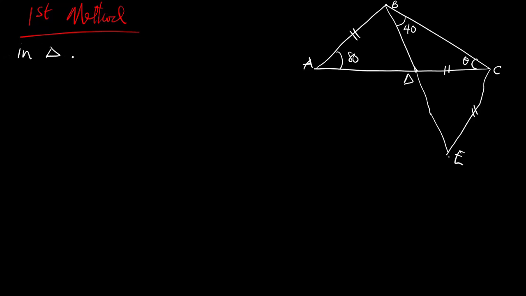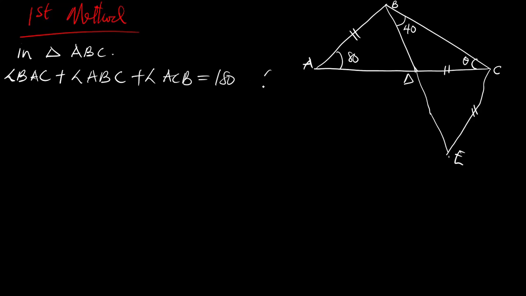In triangle ABC, we have angle BAC plus angle ABC plus angle ACB equal to 180. That is, the sum of angles in a triangle is equal to 180.